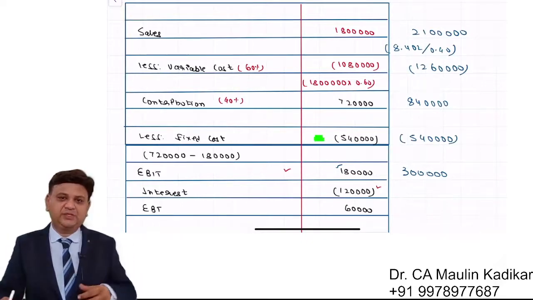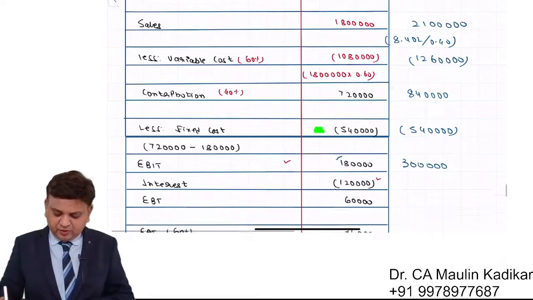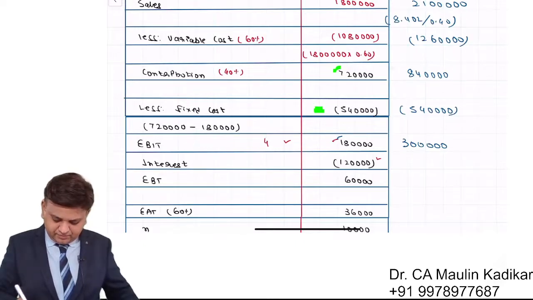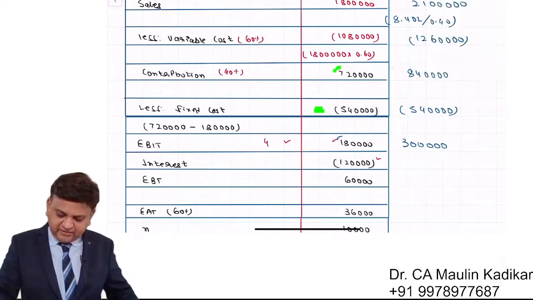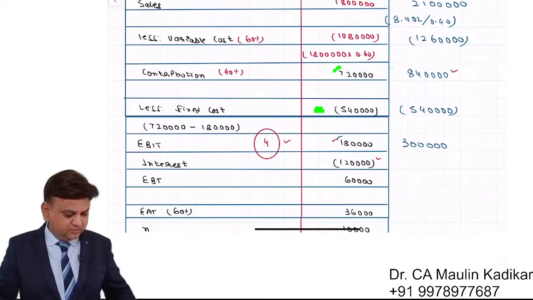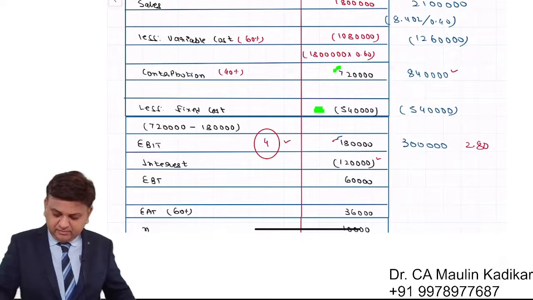Now giving explanation, friends, I request all of you to use your calculator. 7,20,000 divided by 1,80,000. The answer is 4. So right now the degree of operating leverage is 4. This is 8,40,000 divided by 3 lakhs. And the answer is 2.8.